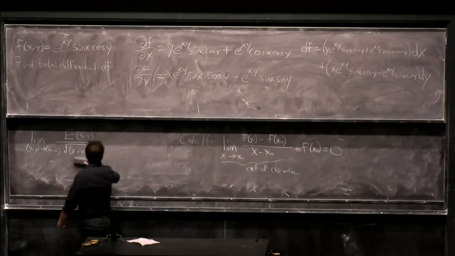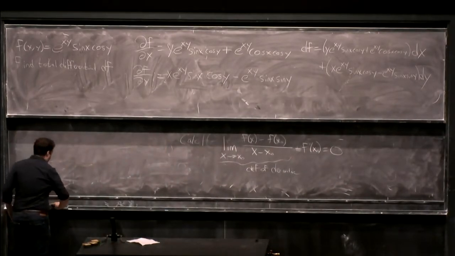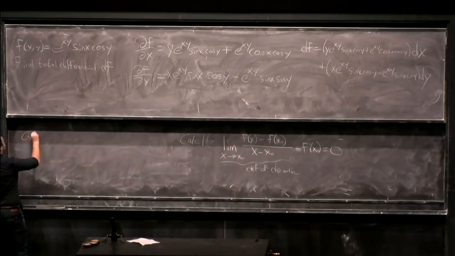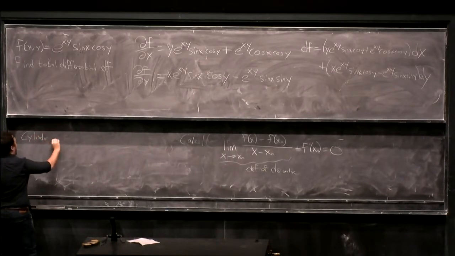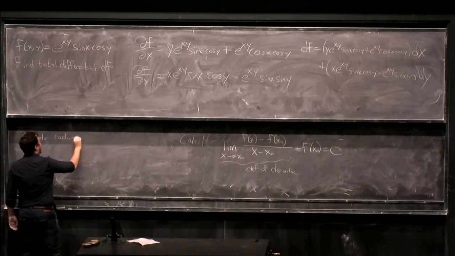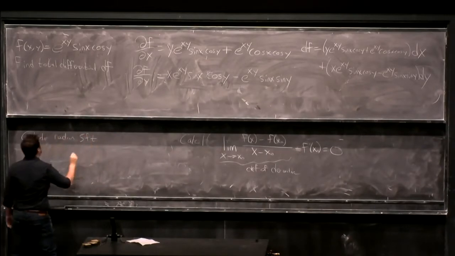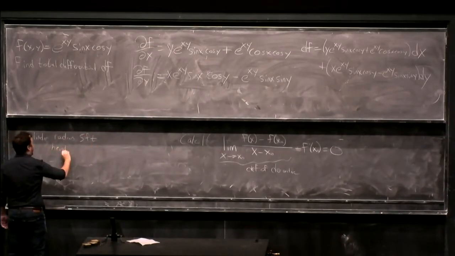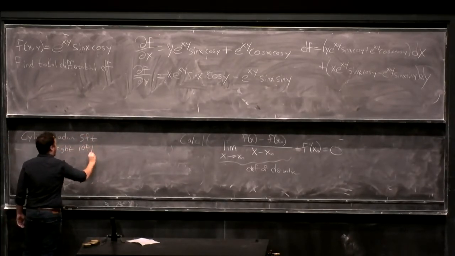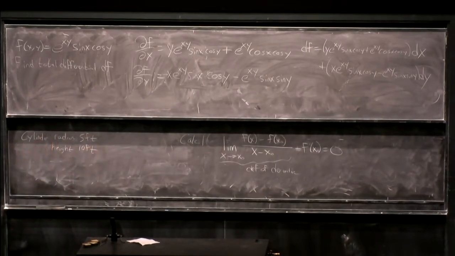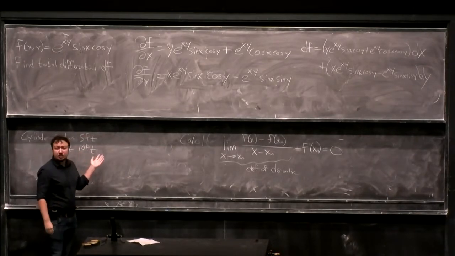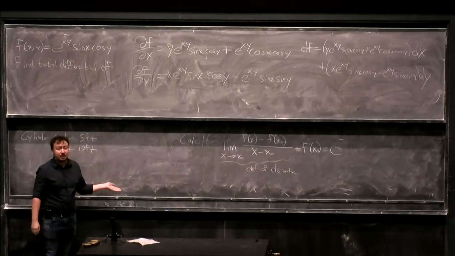So let's say that I have a cylinder of radius 5 feet and height 10 feet. And let's say I measured these things, but there's a possibility that I made a mistake in my measurement.